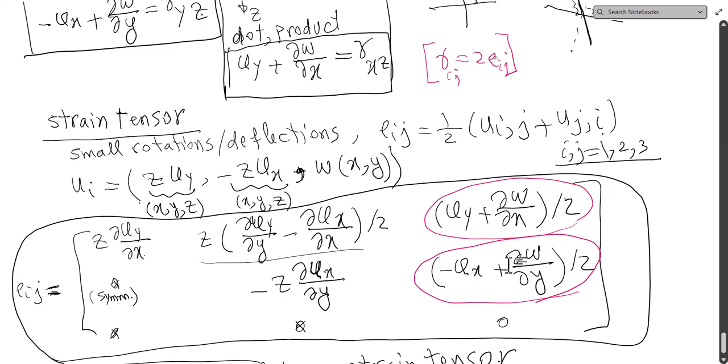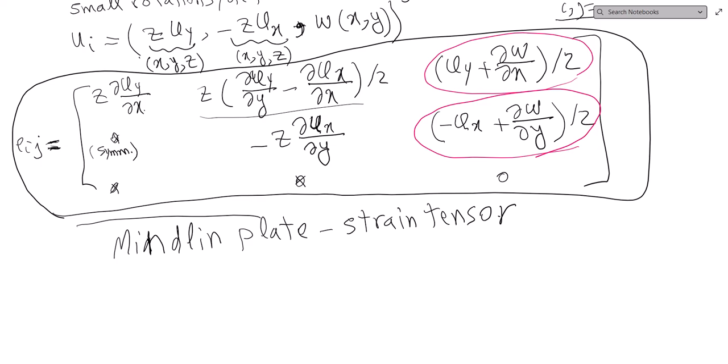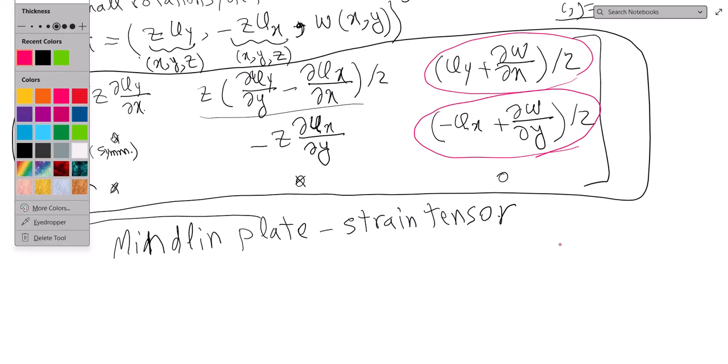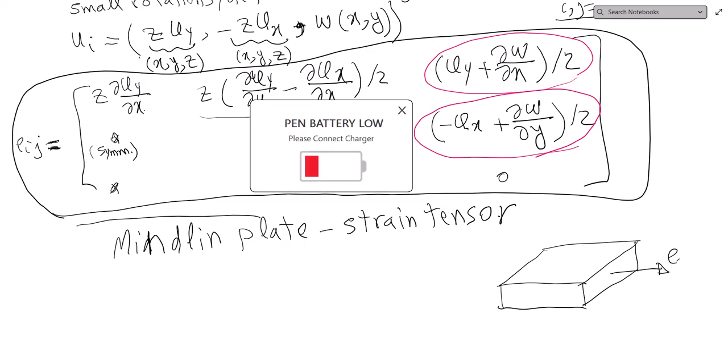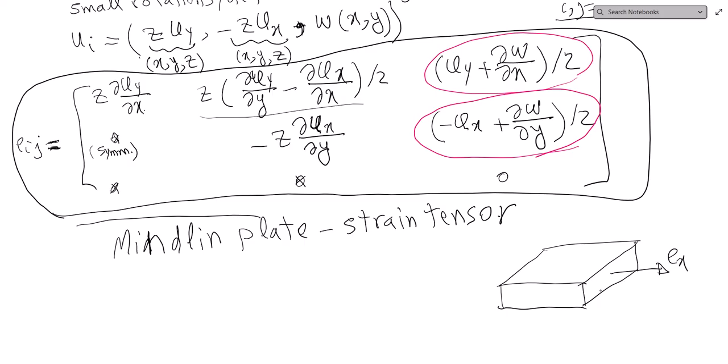They are not 0. So in other words, what we are saying is this: if I have my plate, this is my Exx, this is my Exy, and this is my Exz.